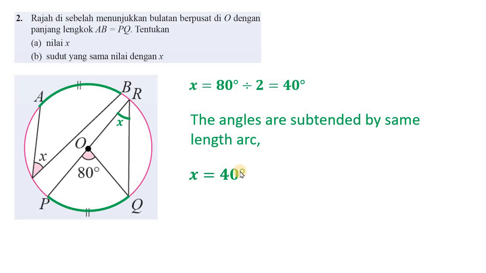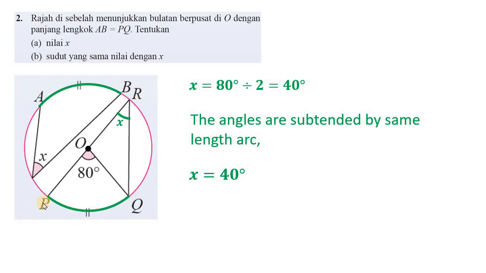After that, just now I mentioned already the second part, which angle has the same value as the angle x. This one I labeled on the diagram already, this is x. So what is the name of this angle? We can use the labels on the diagram.